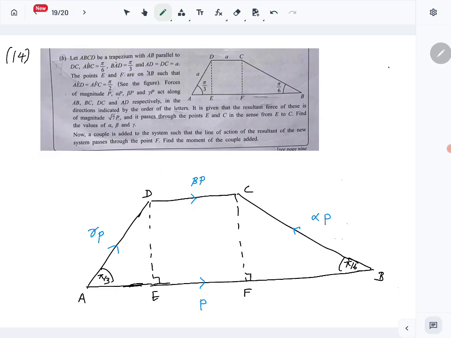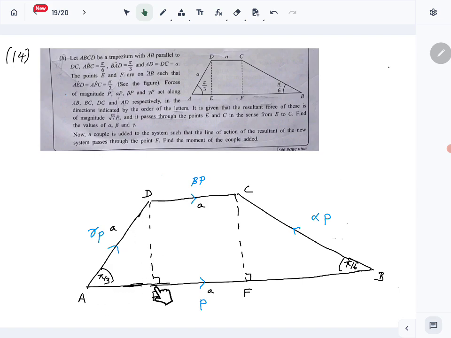And what else? This length is A, this length is A. If this length is A, this length is also A, and what is AE?